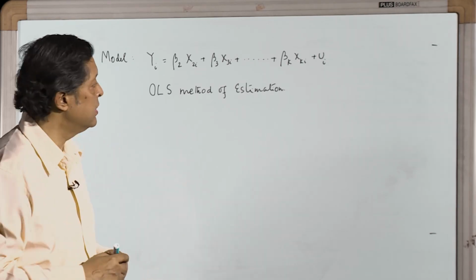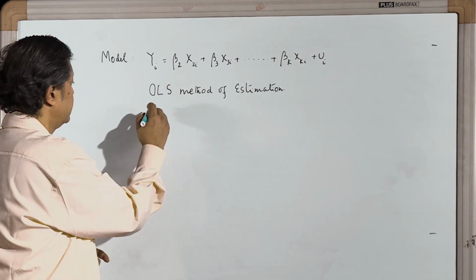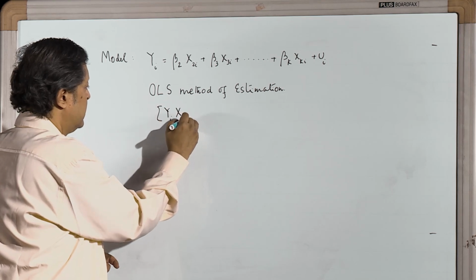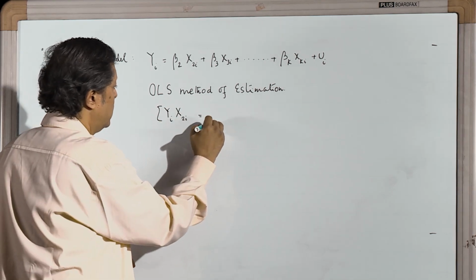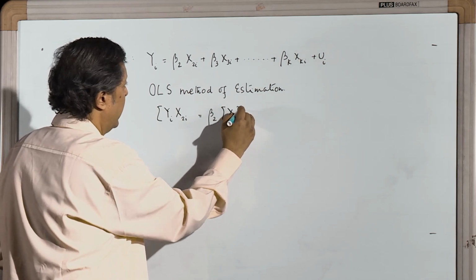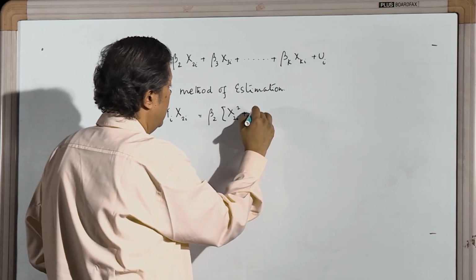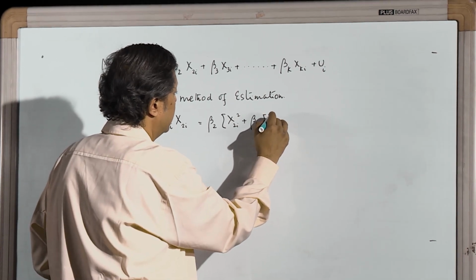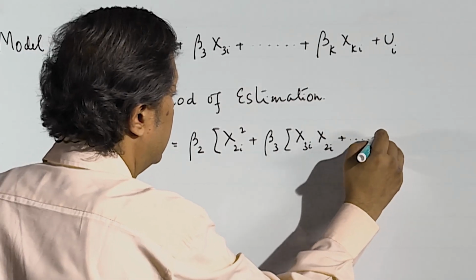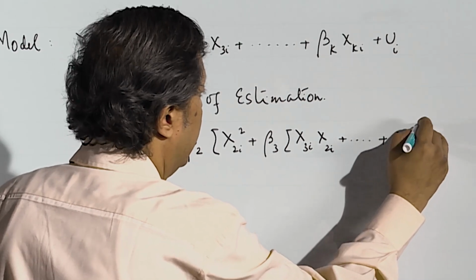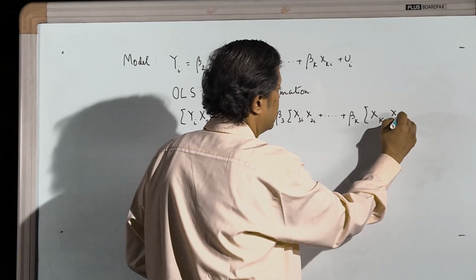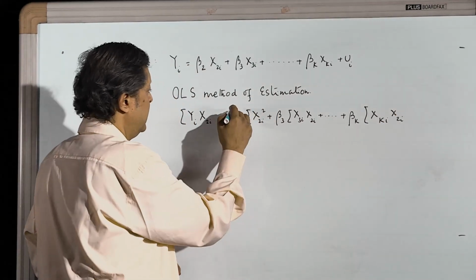So, the normal equations now are given as summation y_i x_2i is equal to beta 2 hat summation x_2i squared plus beta 3 hat summation x_3i x_2i plus up to beta k hat summation x_ki x_2i, and of course, these are to be estimated.